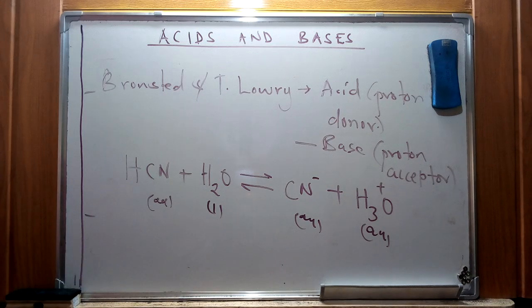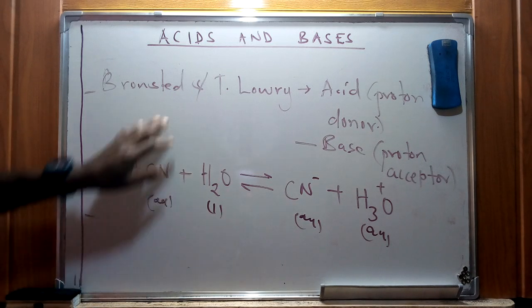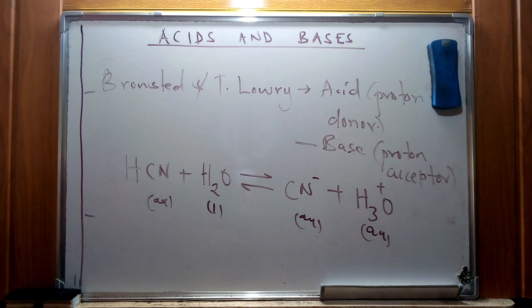If you look at this particular case, we're going to consider whether, according to Bronsted and Lowry, one substance is a proton donor or acceptor. From this case, we can identify the Bronsted acid.